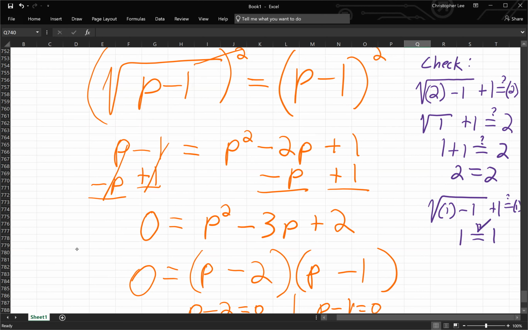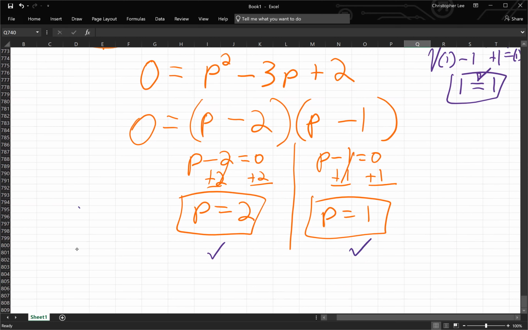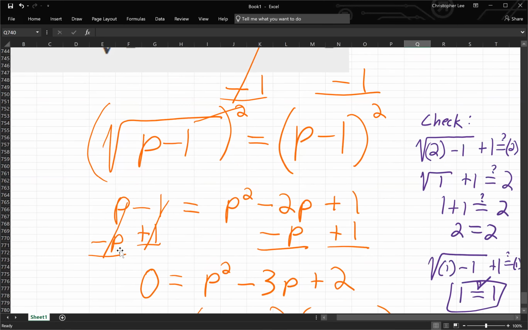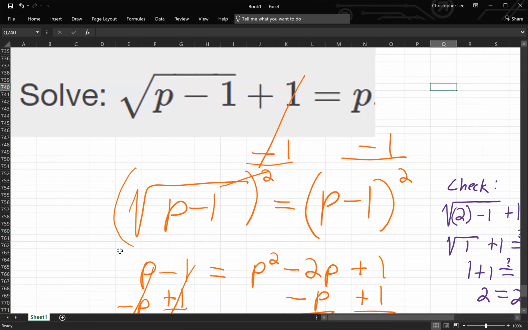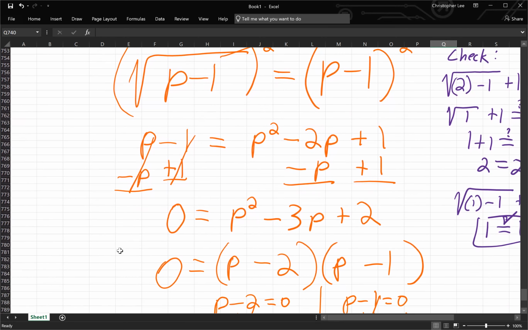No, yeah, 1 is equal to 1, right? Yeah, so I'm good. And that's it. All right? So 2 and 1. That's our answer for this. And you already know if this was web work, it'd be like 2, 1, you enter, that's it. And that's that.